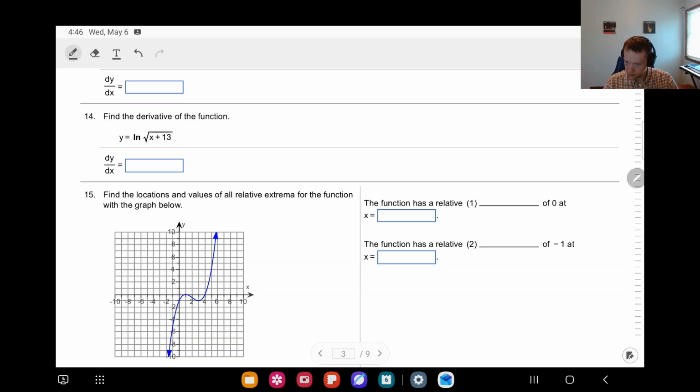That's doable just using chain rule, but I can show you a better way by using log rules. So I'm not even taking the derivative yet. I'm just going to rewrite this function. Rewrite that as x plus 13 to the 1/2 power.